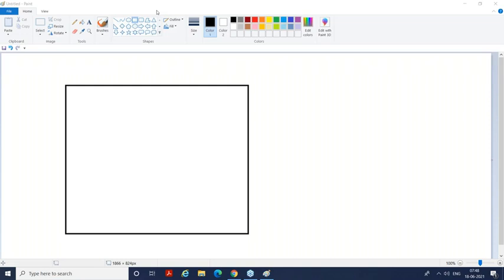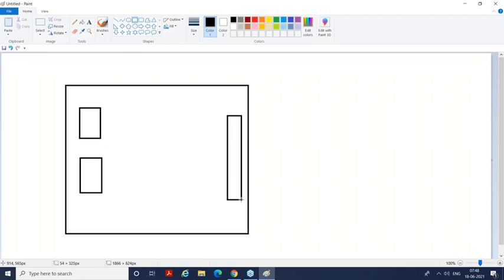Though in terms of functionality, they sound pretty similar, they are slightly different from each other. Let's assume this is your web server, and let's assume this is your firewall. I'm not telling your web application firewall, this is your perimeter firewall.